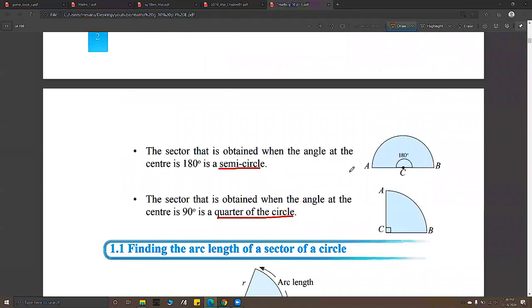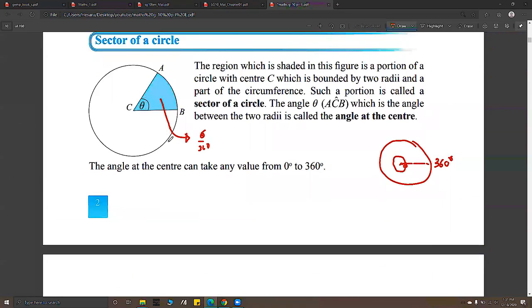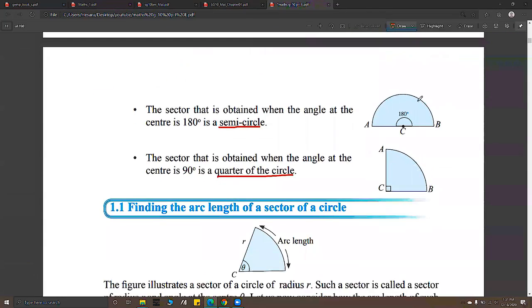When it is 180 degrees, it means theta equals 180. This will be the picture, and we call it a semicircle. The indication will be 180 over 360, which is half.